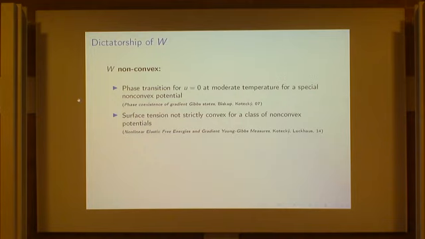And I also want to mention that the surface tension can be non-strictly convex for a class of non-convex potentials, which is, for example, shown in this paper by Funaki and Spohn in 2014. I mean, there's much more in this paper, but just for this presentation, I just want to mention the surface tension.